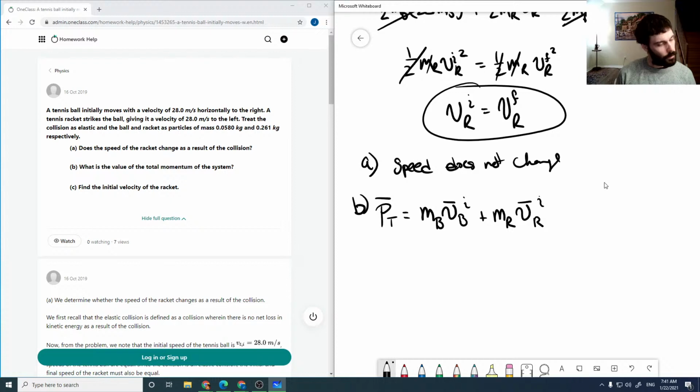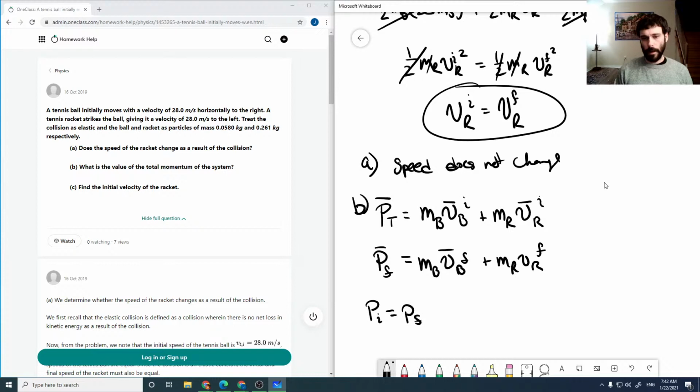And so I'm not sure how to do this without actually knowing our racket's velocity. So use our final momentum, which is mass of the ball, velocity of the ball finally, plus mass of our racket, velocity of our racket finally. And so we know that P_i equals P_f.